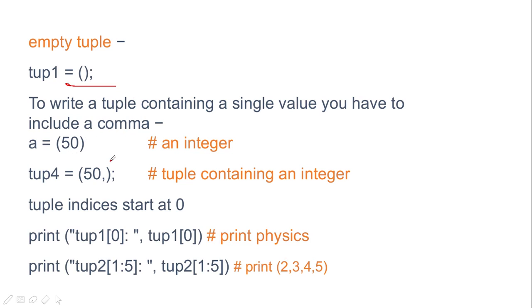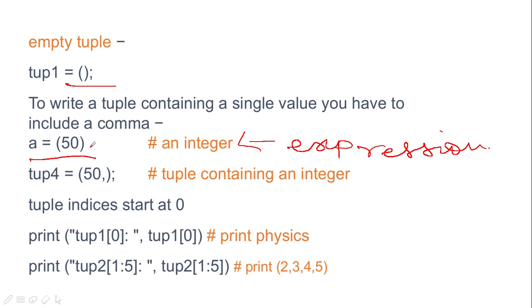There is a special case for a tuple with only one element, because if we write a = (50) with parentheses, it will be treated like an expression, since parentheses can be part of an arithmetic expression, so it will just evaluate. To avoid that, if there is only one element in the tuple, we have to put a comma at the end.